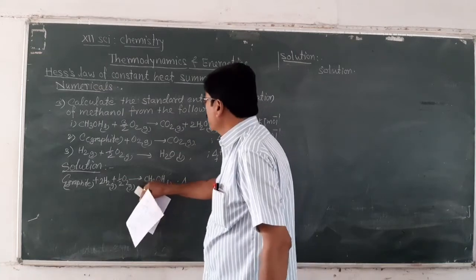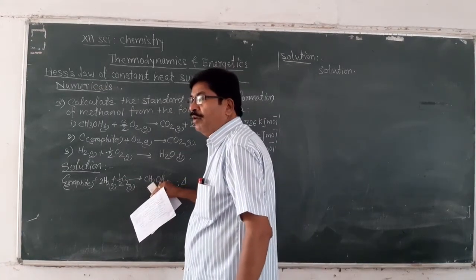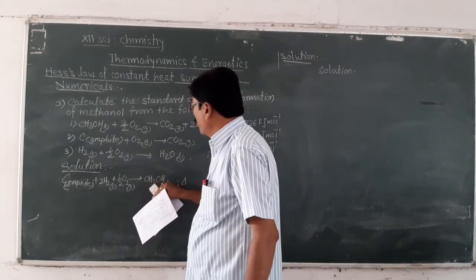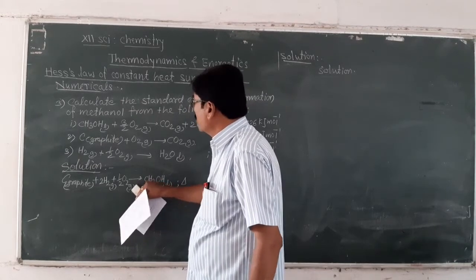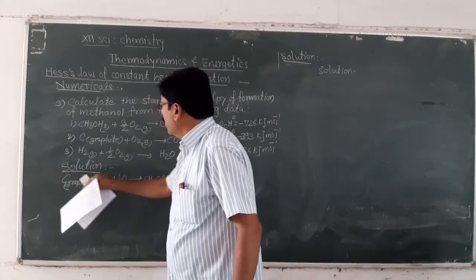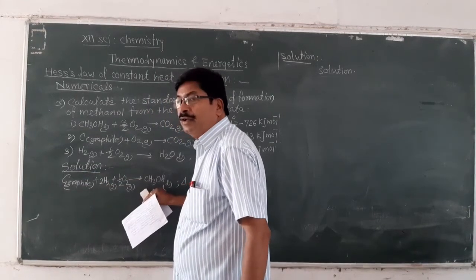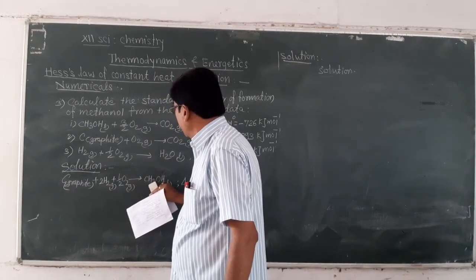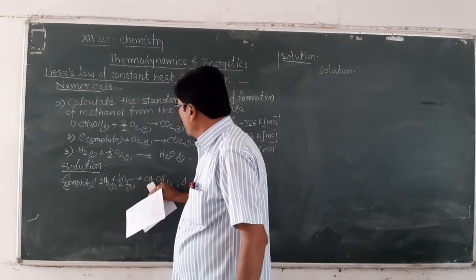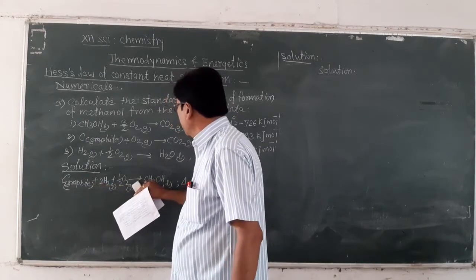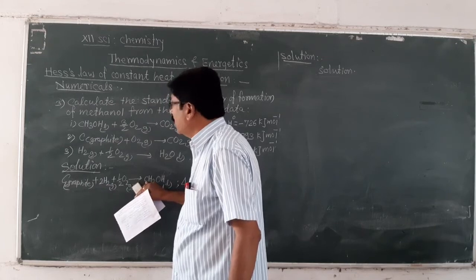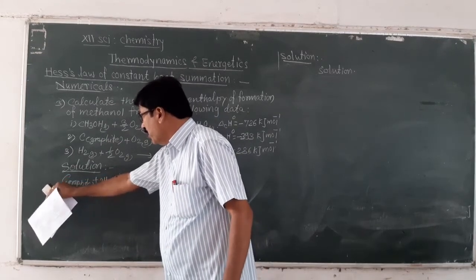Here, first of all, 1 mole of methanol is written on the product side. From the formula, constituent elements are written on the reactant side. First of all, a rough equation is written, and then by seeing the constituent elements, it is to be balanced. Here in the methanol molecule, 1 carbon is there, therefore it is 1 carbon.